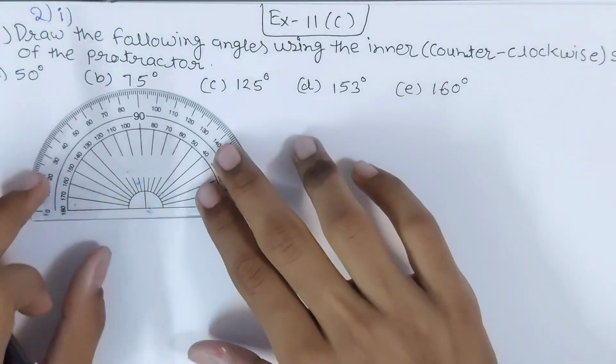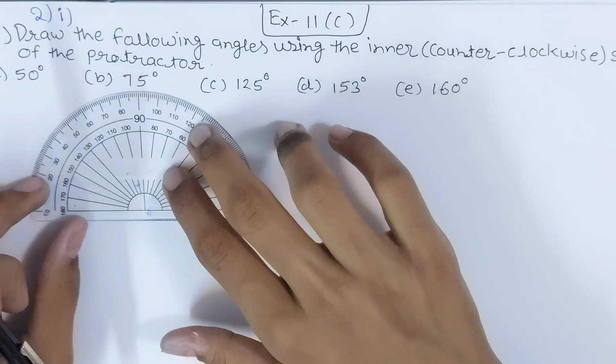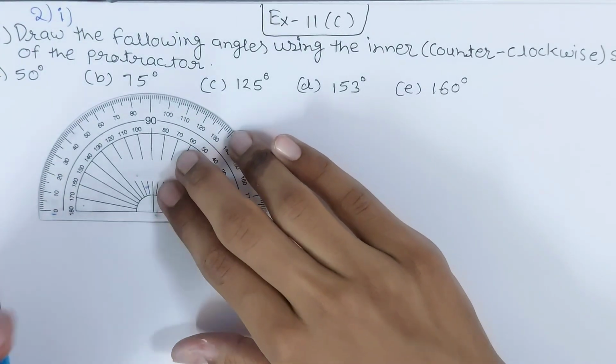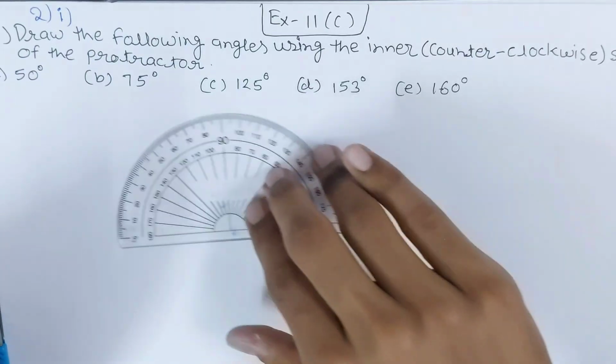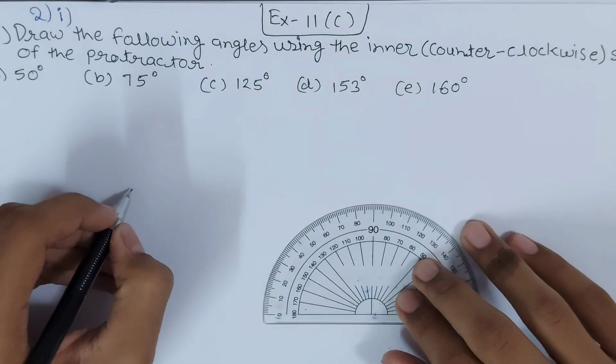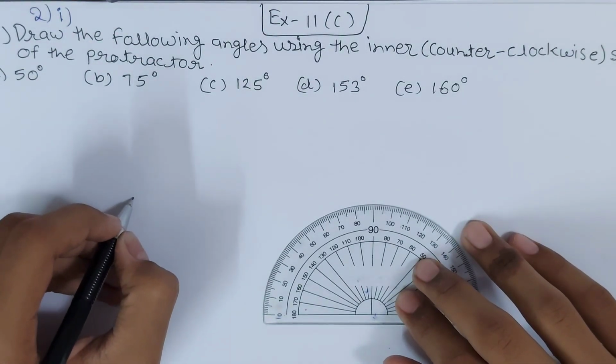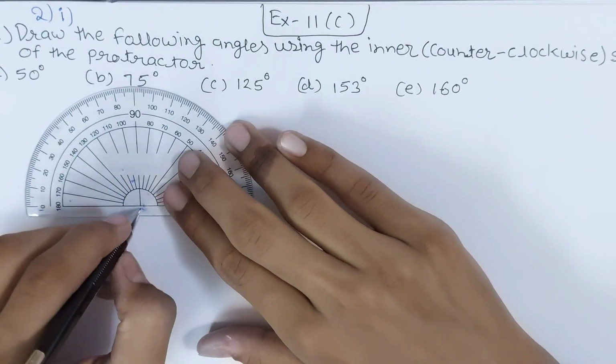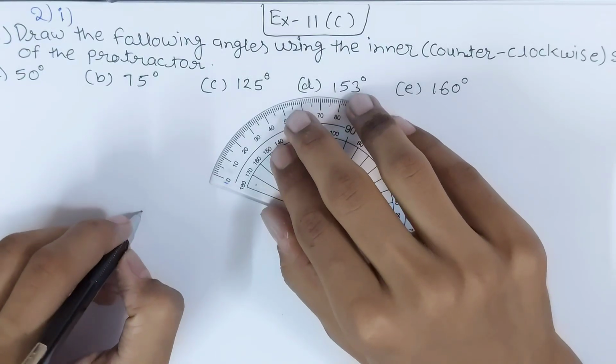First step is how do you make an angle? You keep your protractor at some place. First of all, you draw a simple point, somewhere here, a little below.